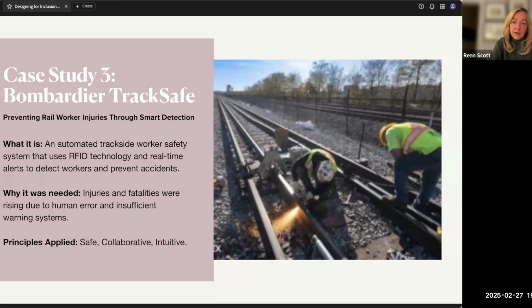It was developed in partnership with MARTA in Atlanta, and alerts are practical, effective, easy to integrate into real operations. So again, it was co-creative, collaborative, and it's intuitive in that the system requires no manual input from the workers. The alerts are triggered automatically, allowing them to focus on their tasks without distraction.